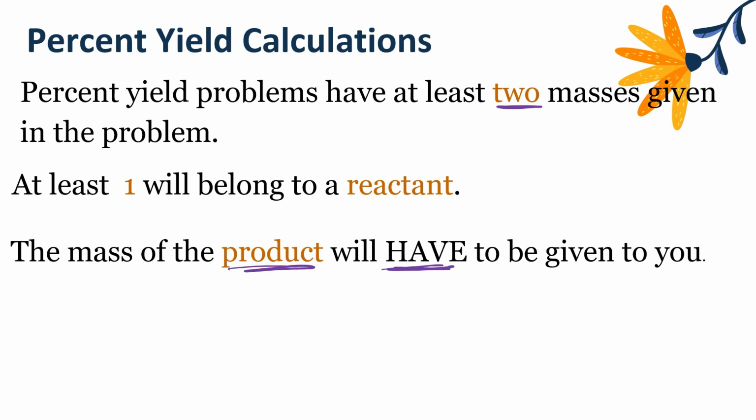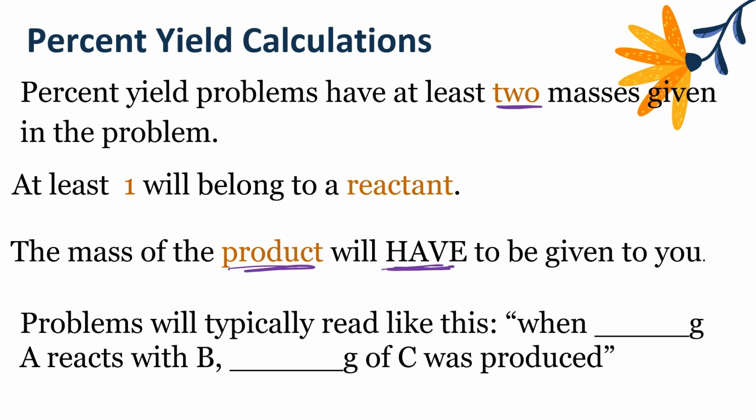The mass of the product has to be given to you. That's how you know how much was produced in the lab. The problem will typically read something like, when blank grams of A reacts with B, blank grams of C was produced. Just realize that that's the format these problems typically will look like.